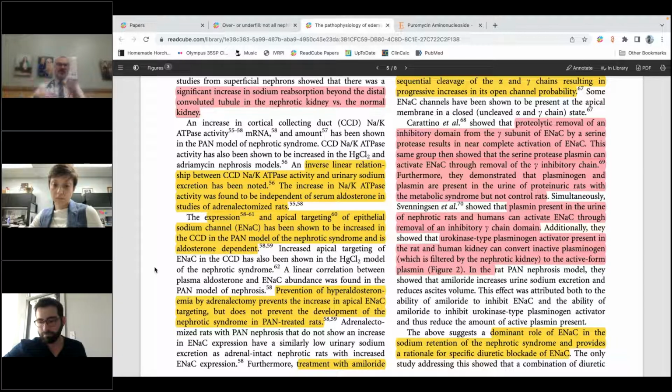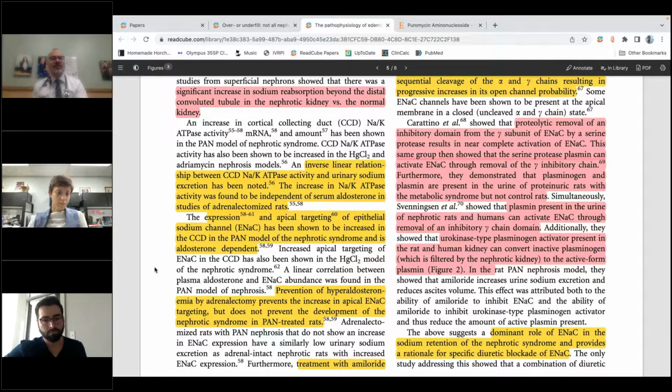So these are channels that are made intracellularly, and then they're sent up to the apical surface of the cell. And that's increased when we have nephrotic syndrome, and aldo helps to do that.